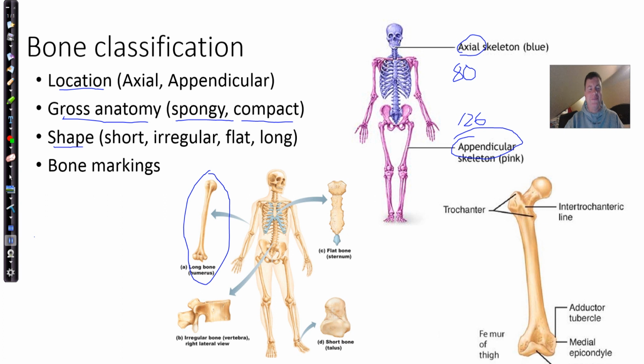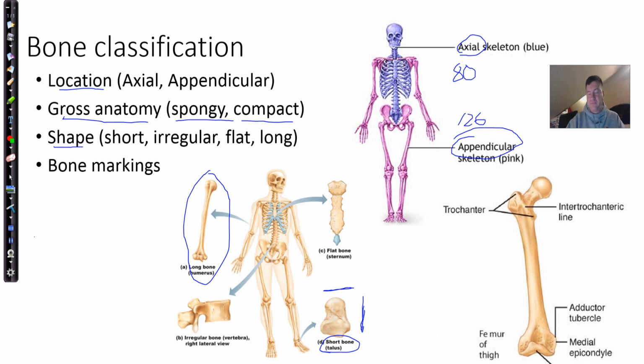Some bones are obviously long, like a femur or a humerus, but even your phalanges, the bones of your fingers, are considered long bones because they are longer than they are wide. Short bones are considered to be squarish bones. The width and length are very similar, so we consider short bones to be in that category.